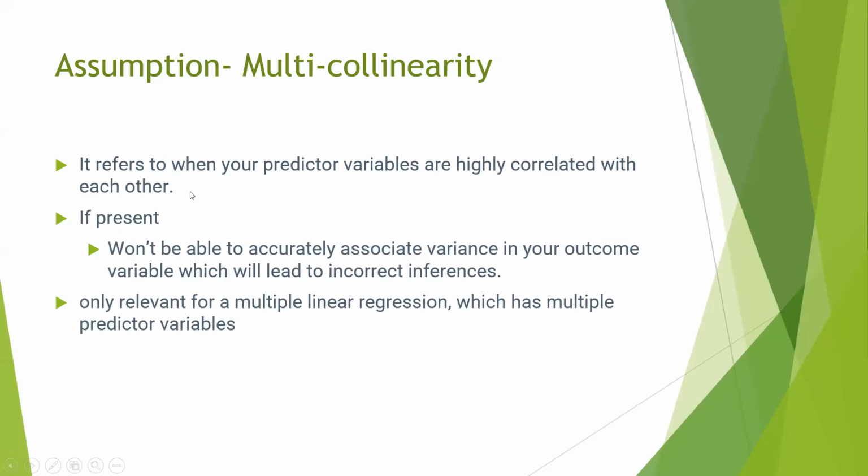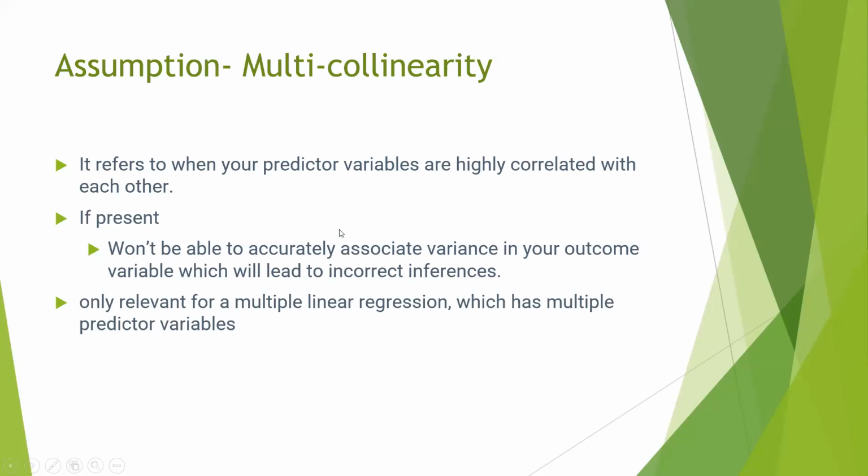If you are using just one variable, then multicollinearity will not apply. But if you include a lot of independent variables, then you have to check for multicollinearity. If it is present, the model won't be able to accurately associate the variance of the outcome, which will lead to incorrect inferences. So it is only relevant for multiple linear regression, which has multiple predictor variables, as I have already explained.